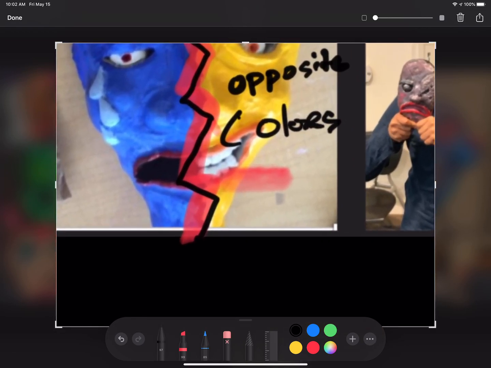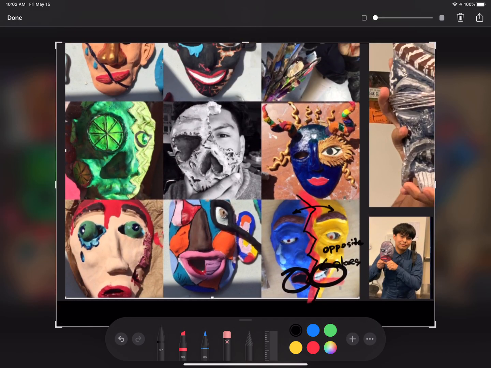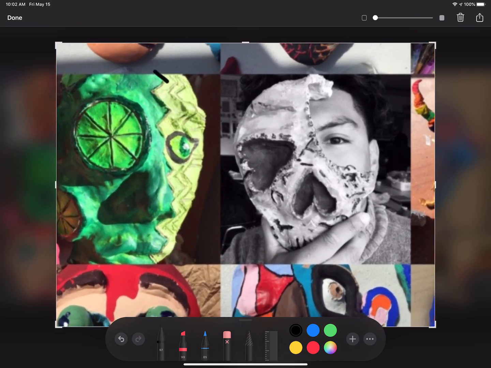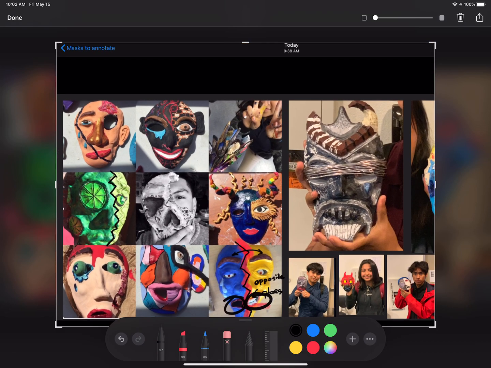Other quick examples of visual opposition: sad, happy. That's a frequent thing that we see, right? Okay, what else can we find as far as opposites? So this one, the broken scar down the middle, which can be a metaphor, creates visual opposition.